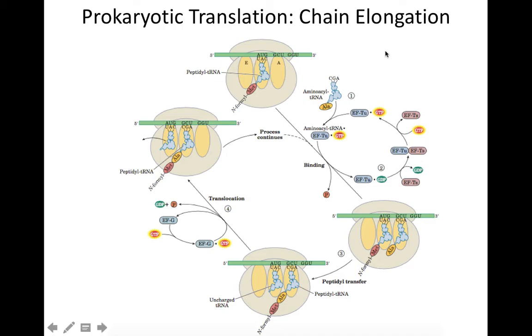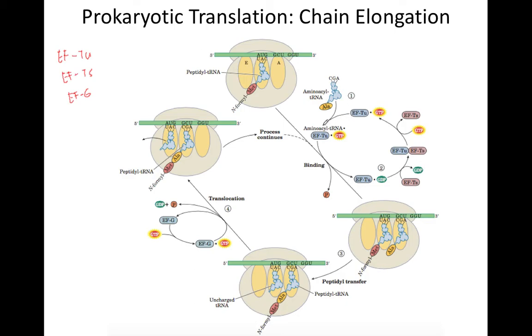So in the elongation part, we have three elongation factors to take note of. We have EF-Tu, EF-Ts, and EF-G.